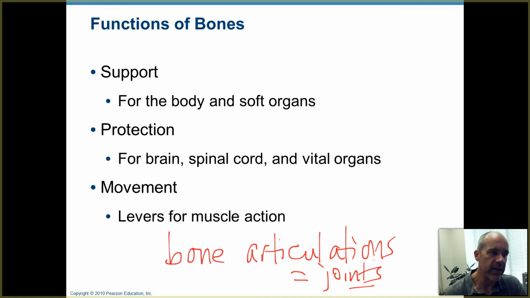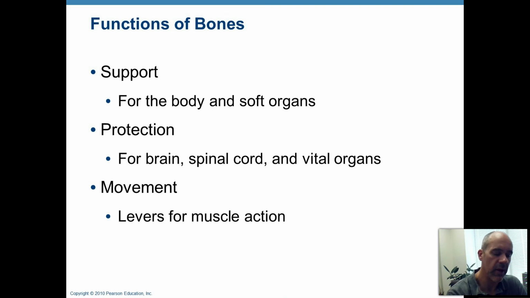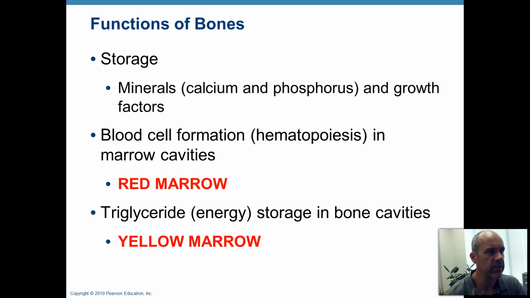Very often those are the locations that allow movements, and those movements occur when your skeletal muscles pull on those bones and cause the bones to move relative to each other at those particular joints. Muscle contraction will be one of the major subjects of the next unit as we move on.